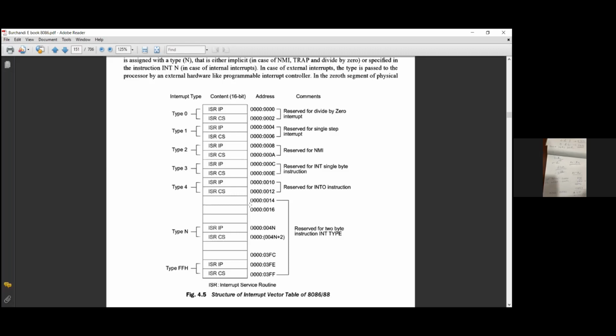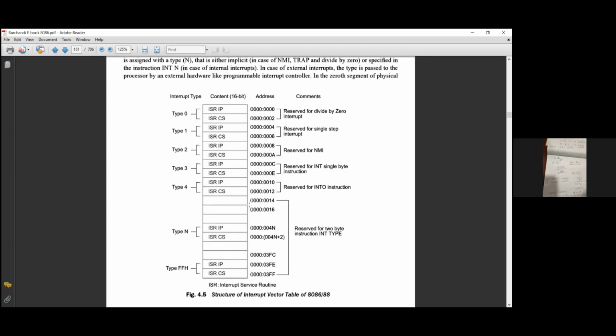And for CS, it is 4N plus 2. Just plus 2, nothing else. 12 plus 2 is equal to 14. So similar kind of things.